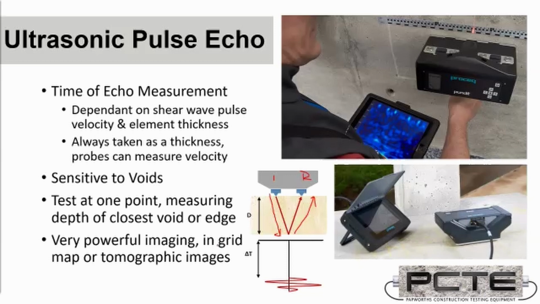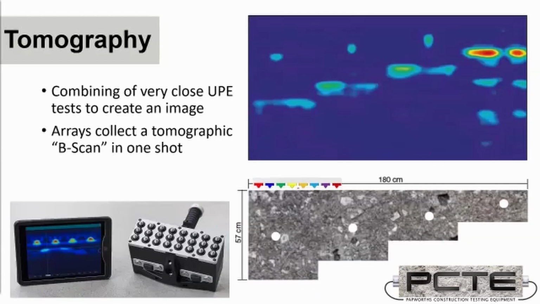Obviously, it's particularly sensitive to voiding, like all sonic and seismic techniques are. But the reason it's commonly used for void location work is that there has been great development in tomographic imaging using arrays of sensors. So rather than having a single sending and single receiving transducer, we now have devices where sets of sending and receiving transducers are arrayed together, and they fire in sequence.